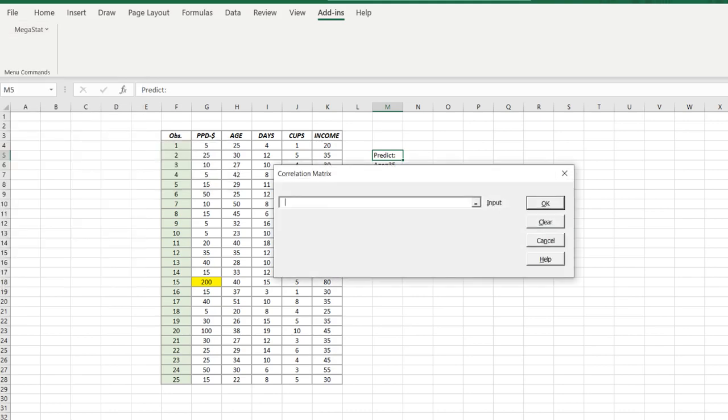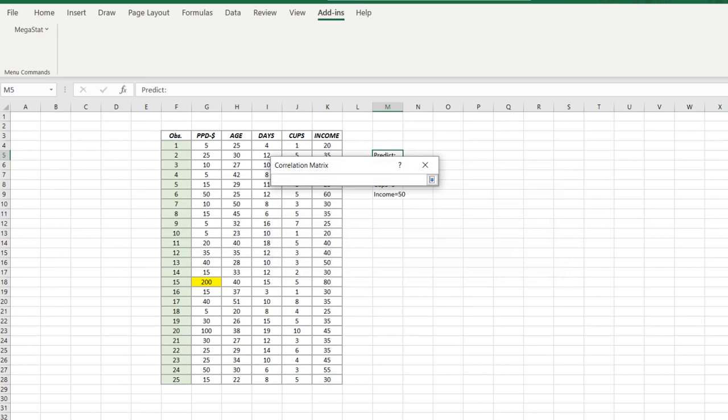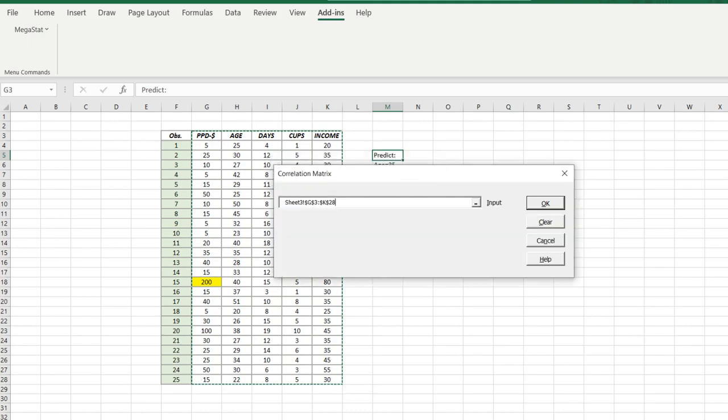So for the correlation matrix, our input expects a matrix here. So I'm going to, hopefully this works. There you go. I'm going to highlight all five variables. The first one is the dependent, the other 4 are independent variables, and hit enter.